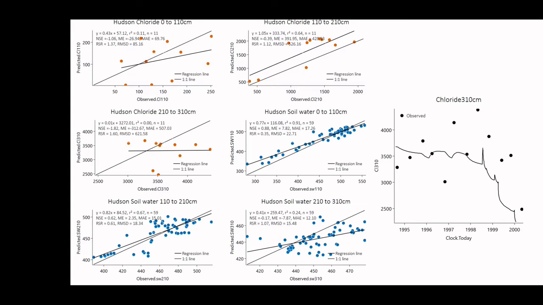Sorry, the way my desk is set up, it's hard for me to do pointing. That's the same simulation as the middle graph on the left. So the Hudson 210 to 310 is the same as chloride 310.